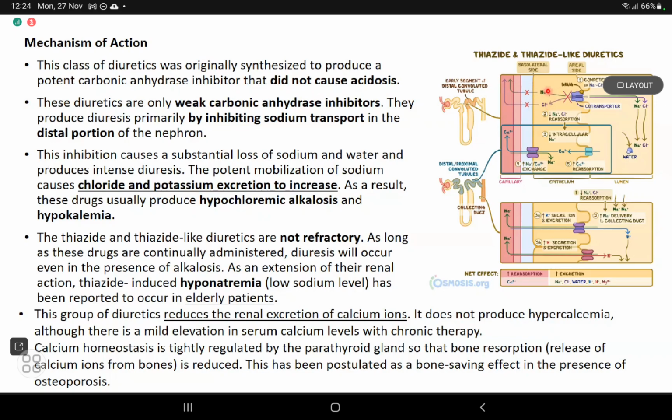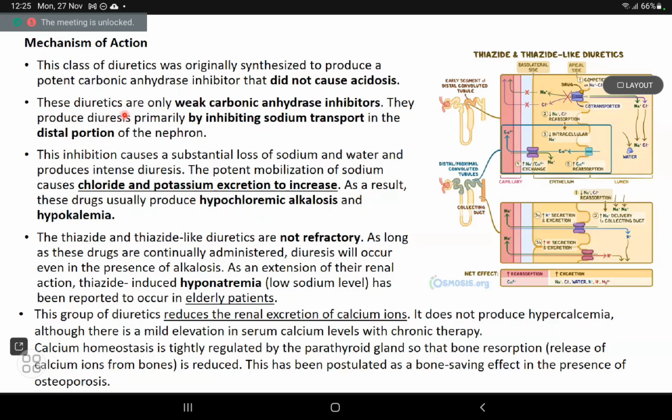It inhibits the absorption of sodium and also chloride. So the chloride will accumulate in your lumen, and sodium will also accumulate in the lumen. So basically from here, I think you get an idea of the mechanism of actions. Actually, the mechanism of this drug is inhibiting sodium transport. Makes sense. Sodium cannot go back to your bloodstream. So that's why it inhibits sodium absorption, sodium transport, especially in your distal tubule. Okay, here is showing the distal tubule. Okay, this is the mechanism of actions.